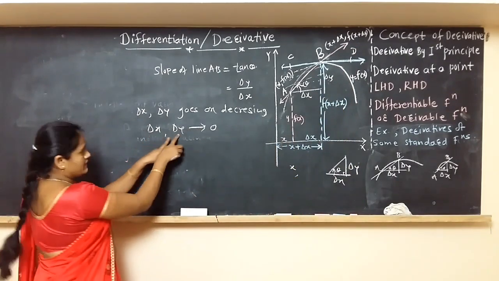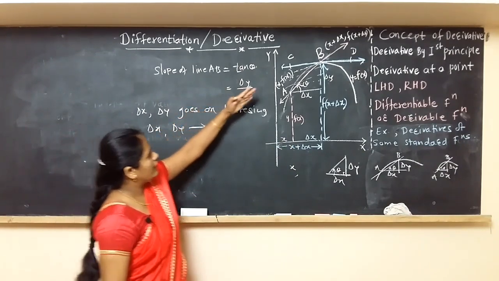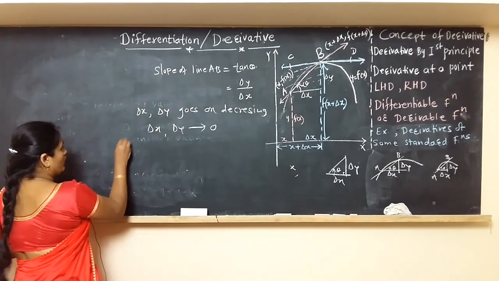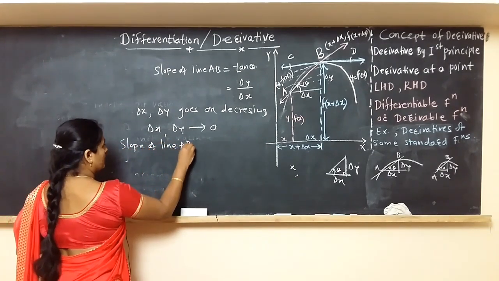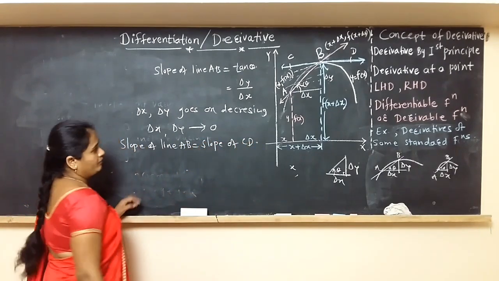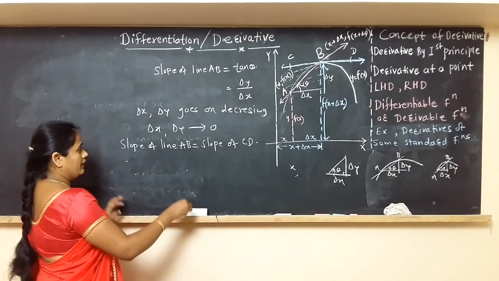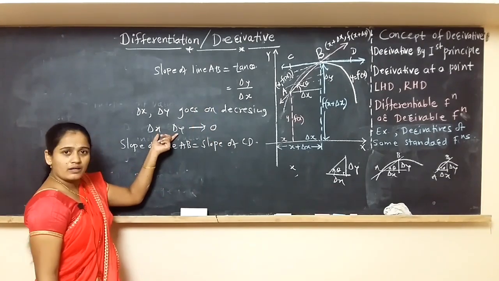So as delta x and delta y, these distances, go on decreasing, this line AB becomes the line CD. That means the slope of line AB is equal to the slope of CD. They are going to overlap with each other and their slopes become equal in this limiting case.